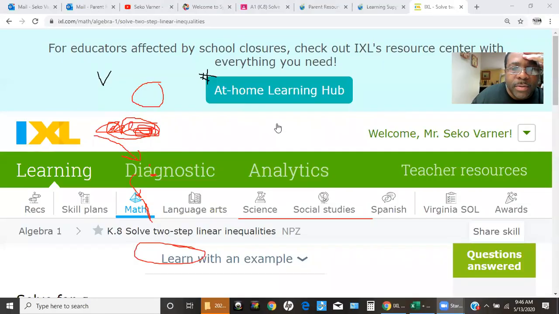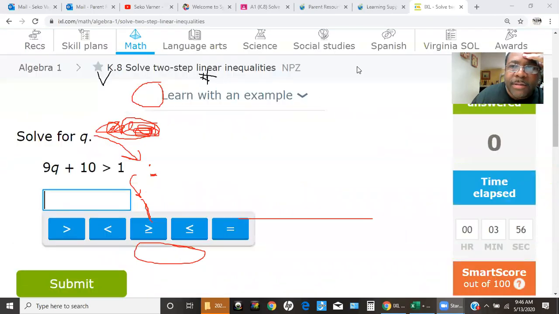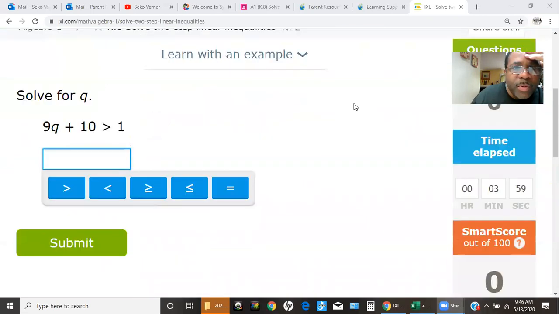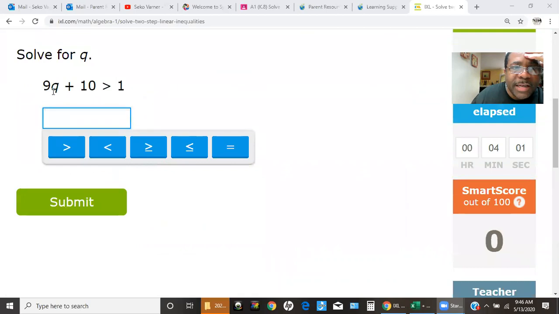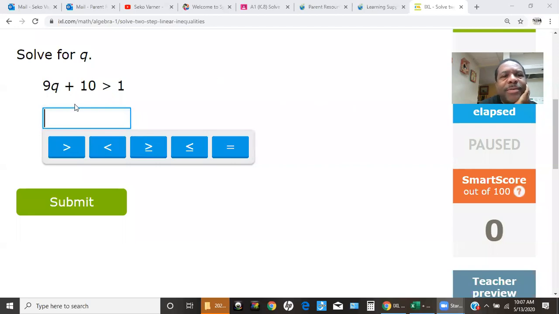All right, so now we're back, and the problem that we're working with now is 9Q plus 10 is greater than 1. So what we're going to do is on the side, we're going to go ahead and start writing everything out.